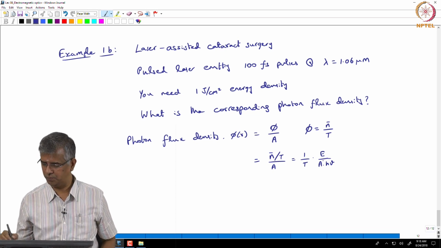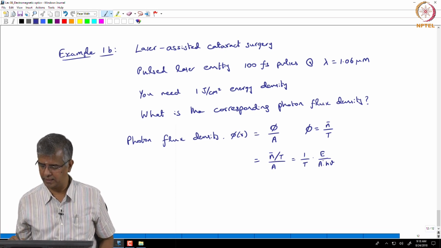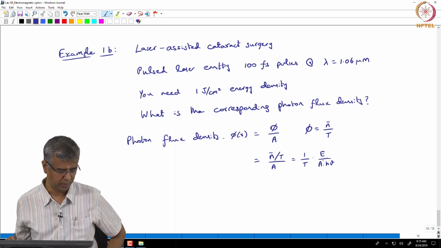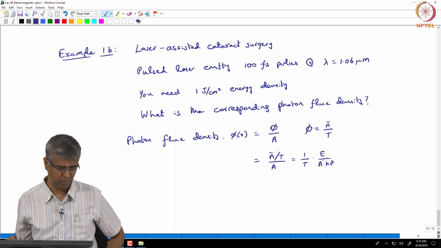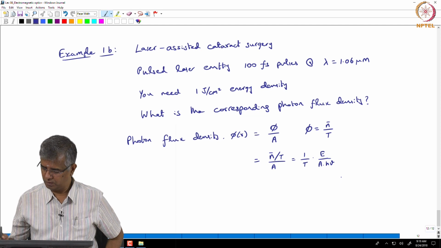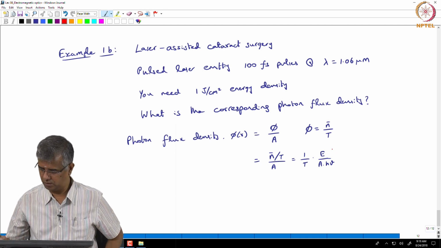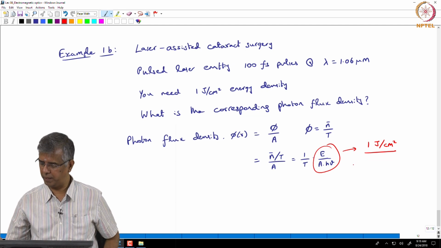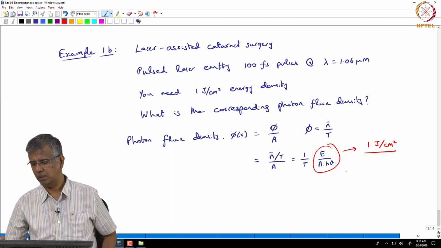And so if you substitute that, you are also given this time. So based on that you can figure out. So let's just first of all figure out this quantity. So this is given by U over A, which is 1 joule per centimeter square, divided by h nu.